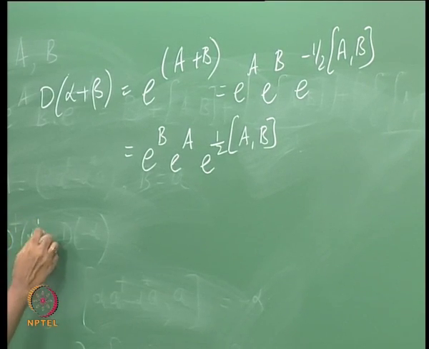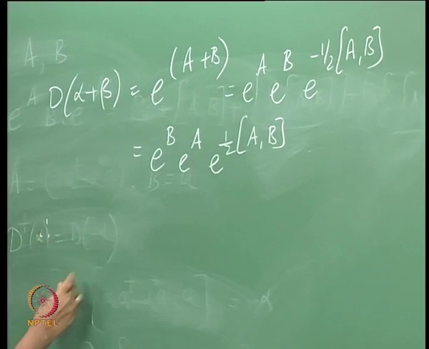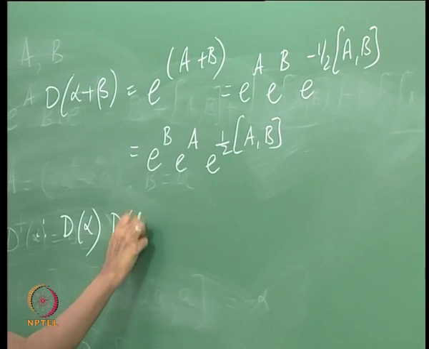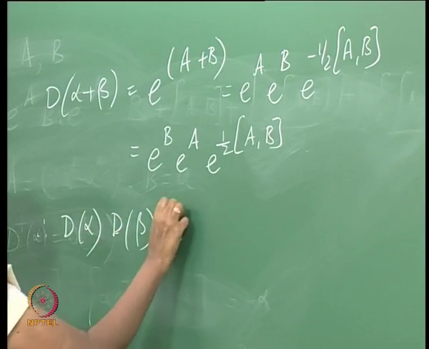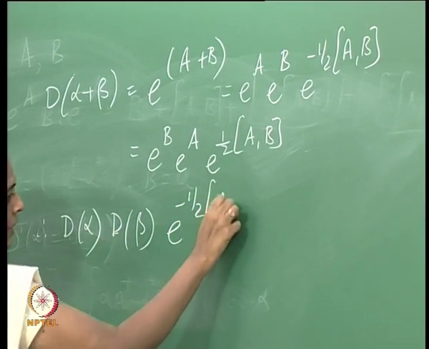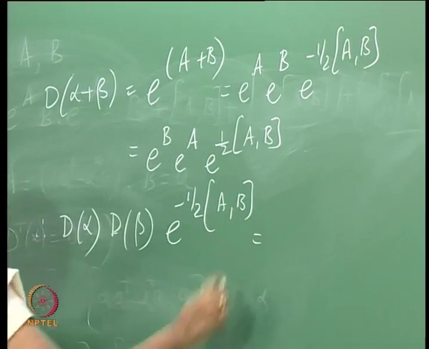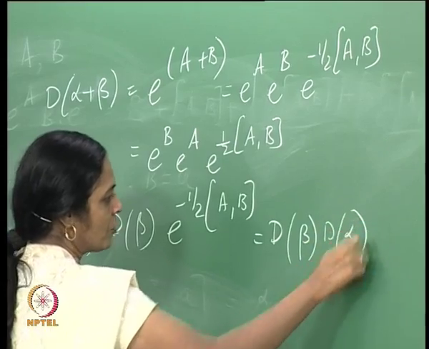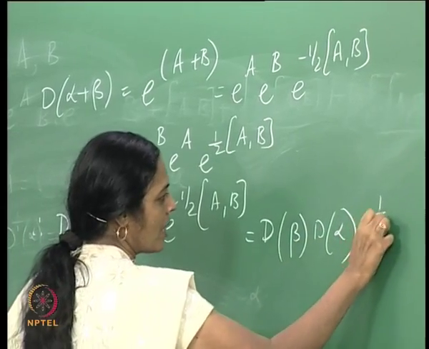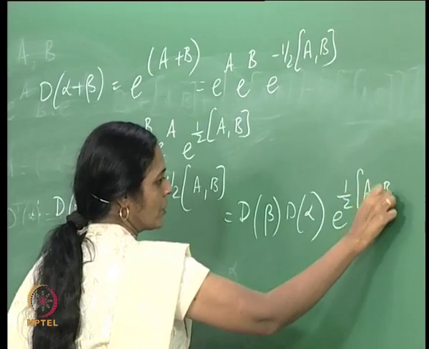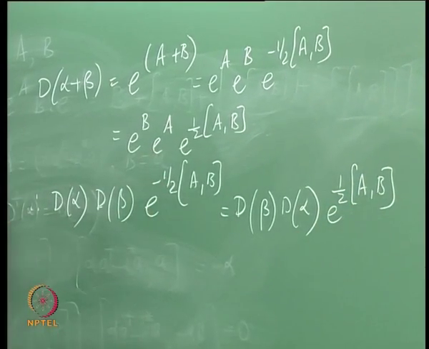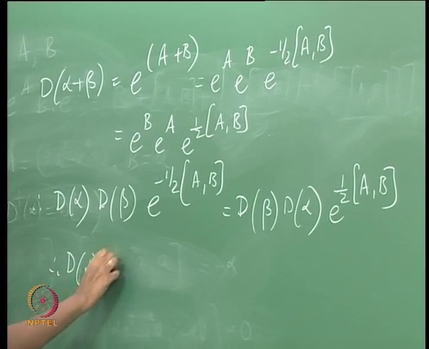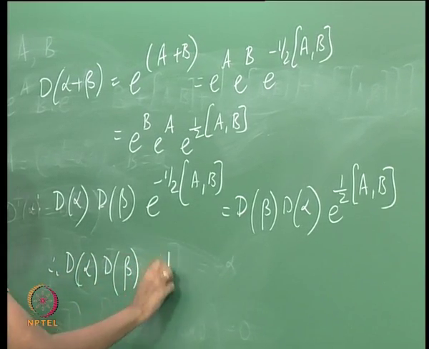I therefore have now e to the A is simply D of alpha, e to the B is D of beta, and e to the minus half commutator of A with B times e to the B, which is D of beta, e to the A, which is D of alpha, e to the plus half commutator of A with B. Therefore, D of alpha and D of beta do not commute with each other.